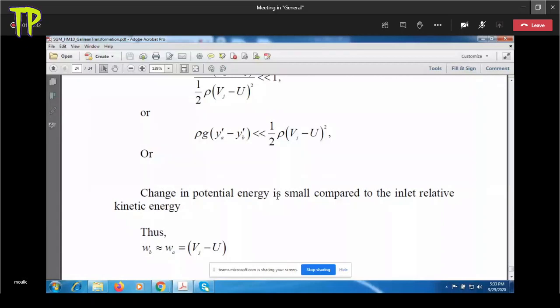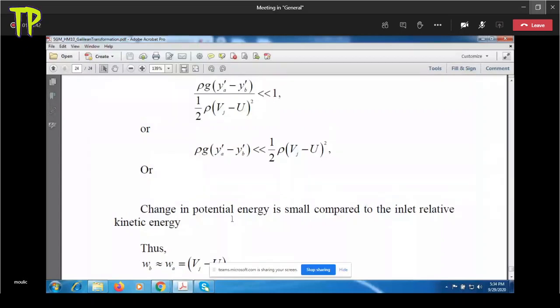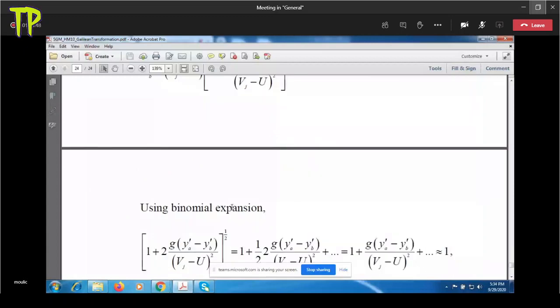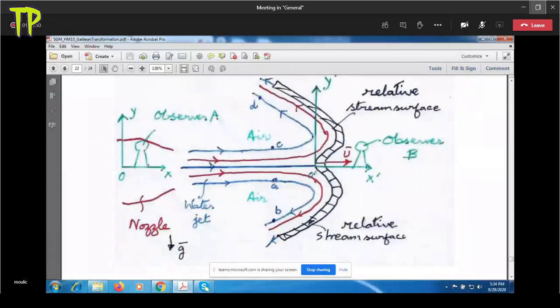So when you compare dimensional quantities, when you say a dimensional quantity is small, you must compare it with another dimensional quantity. So here physically you can say the change in the gravitational potential energy of the fluid particle as it moves from point A to point B is small compared to what?